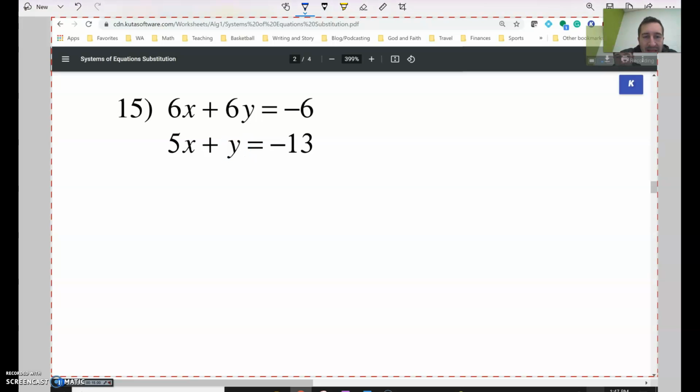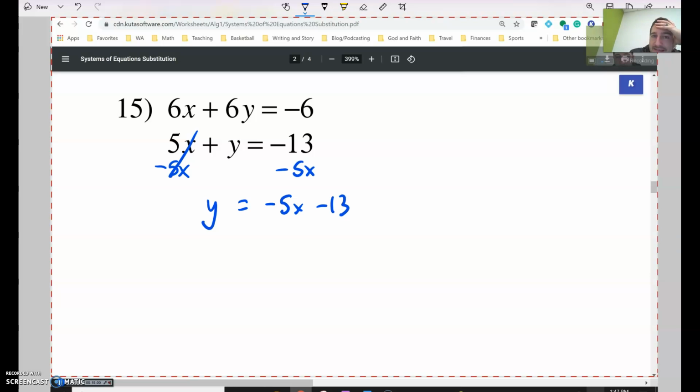So how would I isolate that y? I think I'm going to subtract 5x from this left side of the equals and subtract 5x from the right side of the equals, so that what I have as my new equation is all that's left over here is the y, and then over here now I have a negative 5x minus 13. I now isolated that y.